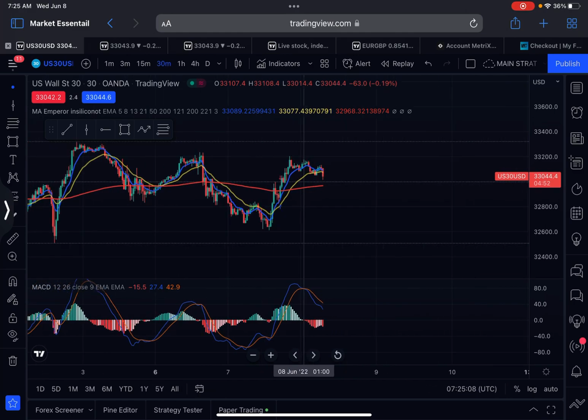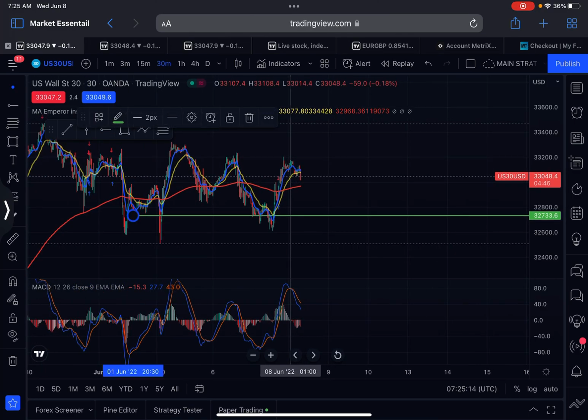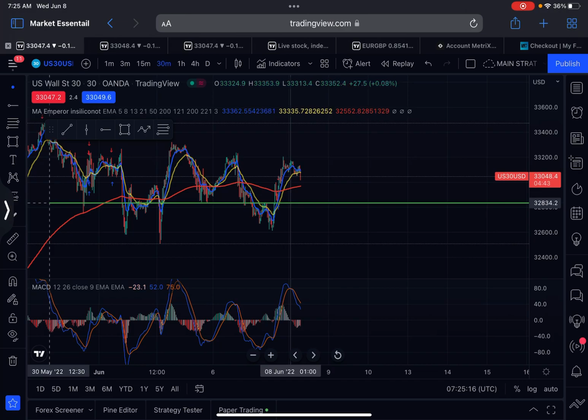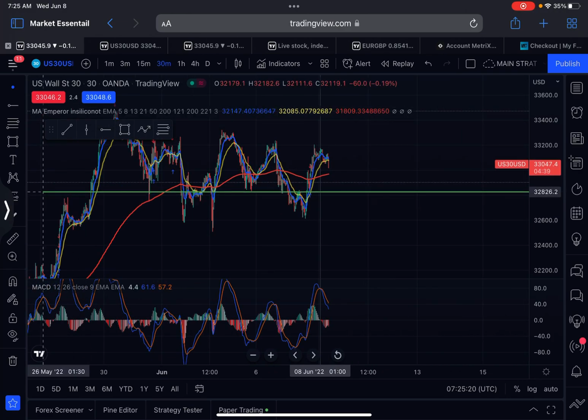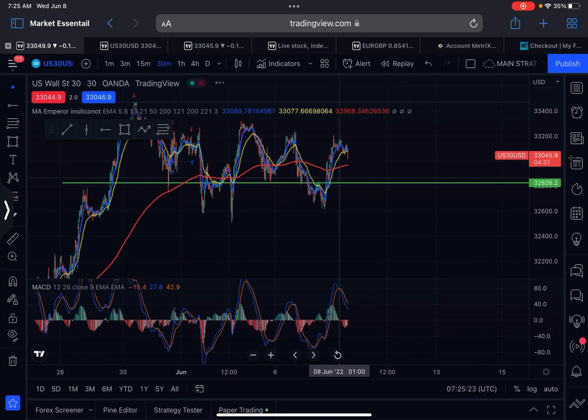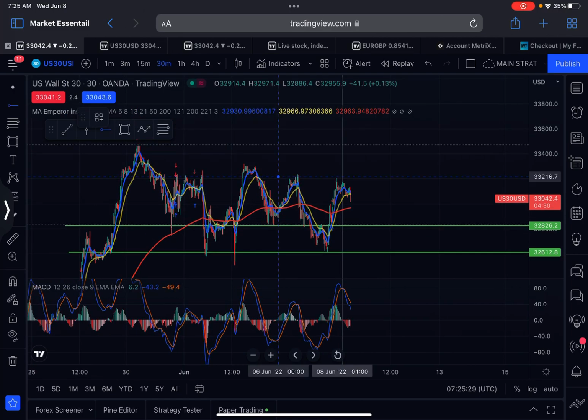Then also I look for major areas of support and resistance, because it's like a game changer when you use support and resistance coupled with indicators. Not a lot of people do that. A lot of people just want to learn the indicators, but support and resistance levels really help in market structure.